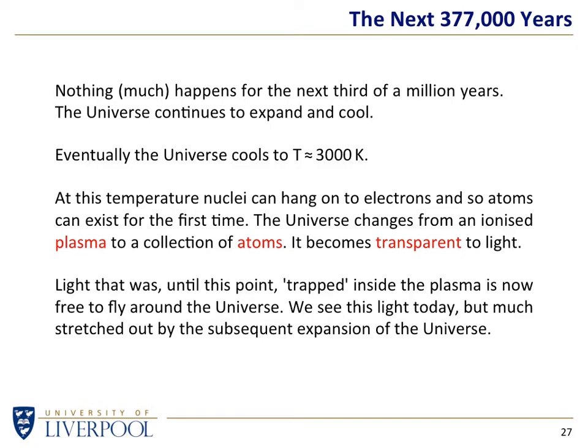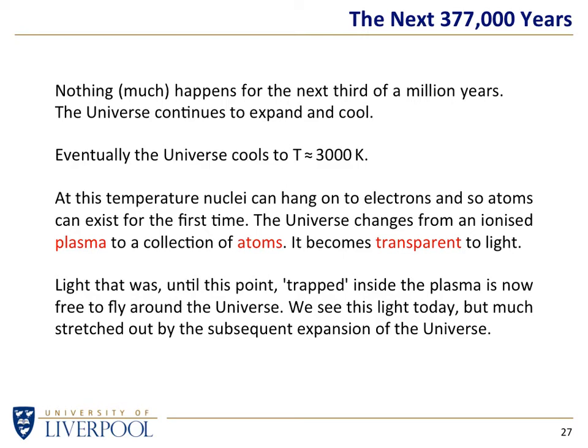So for the first time in its history, it is possible for the light to be released. The light that up to this point has been bouncing around and rattling around like inside a pinball machine, bouncing off all of the positively and negatively charged particles, now the light is released. It's 3000 Kelvin, that's white hot. The universe would have been producing an enormous amount of visible light.